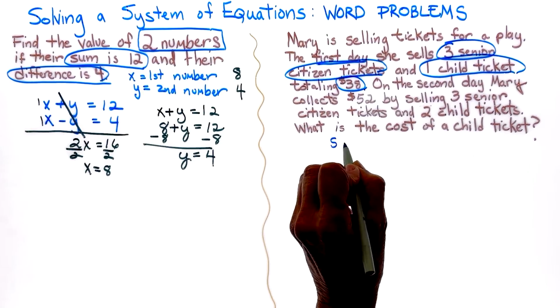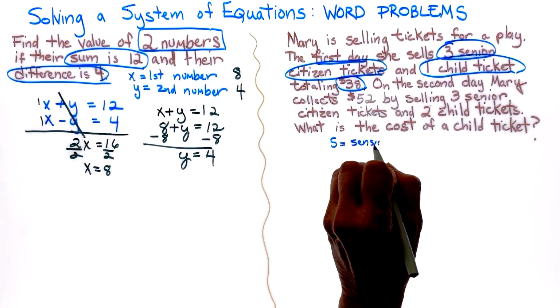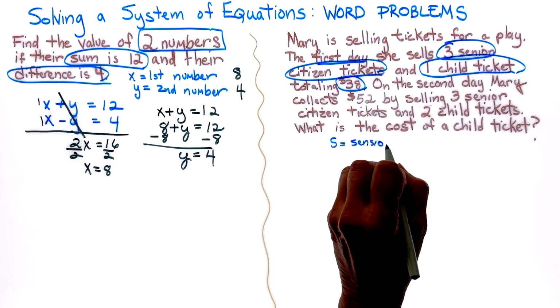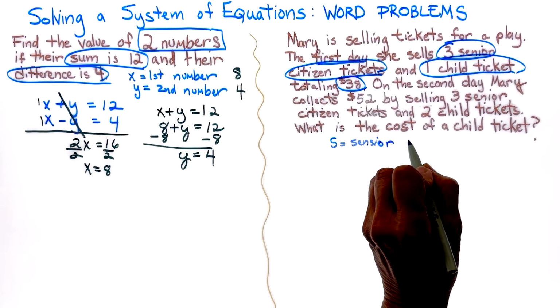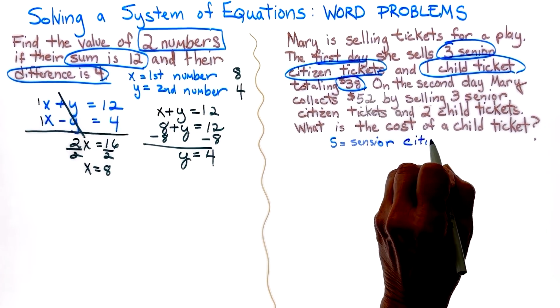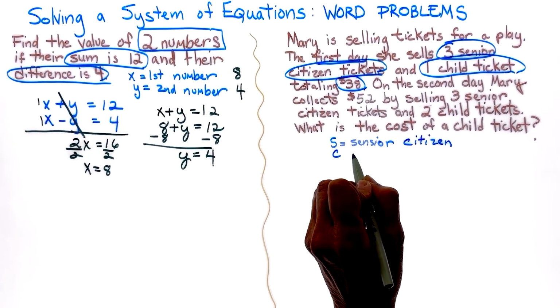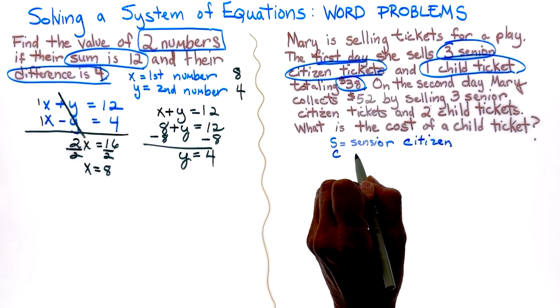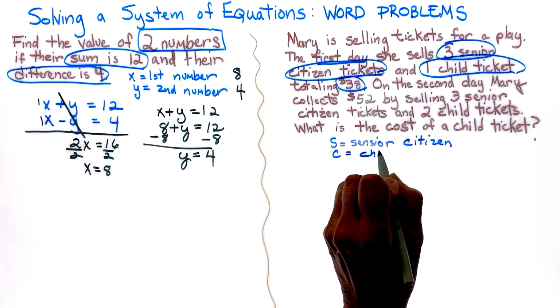So S is equal to senior citizen. And C is going to be equal to our child.